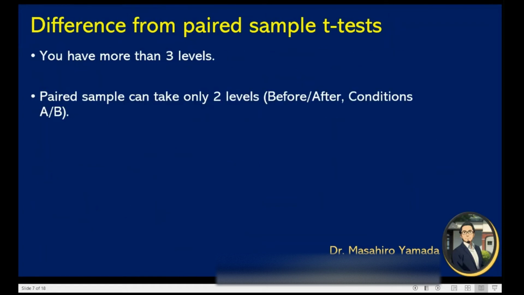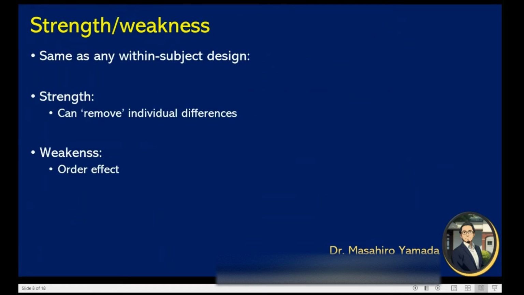So if everything is exactly the same as the paired sample t-test, why do you choose one-way repeated measure? That's when you use more than 3 levels, because paired sample t-test can only take 2 levels. Also, the strength and weakness of the study design are exactly the same as previously explained.